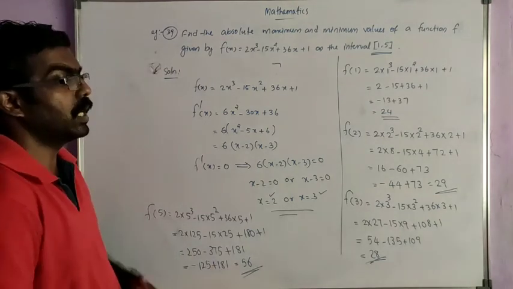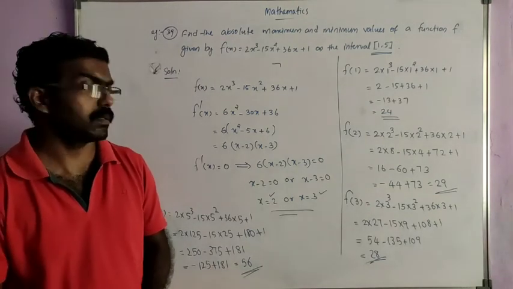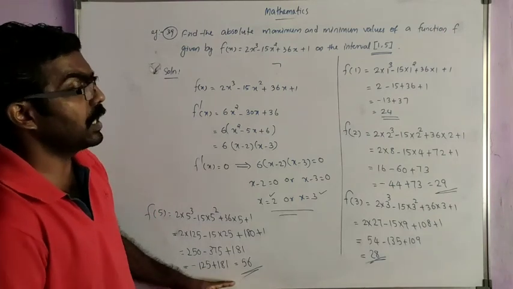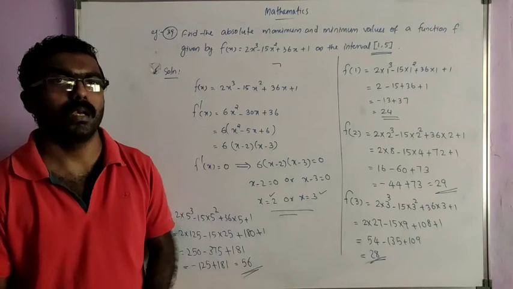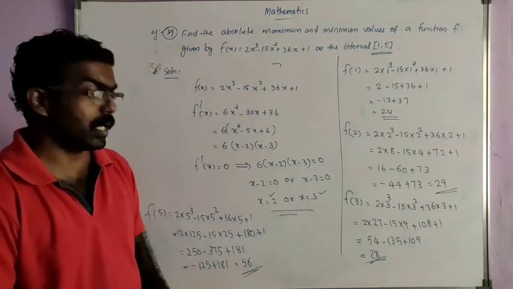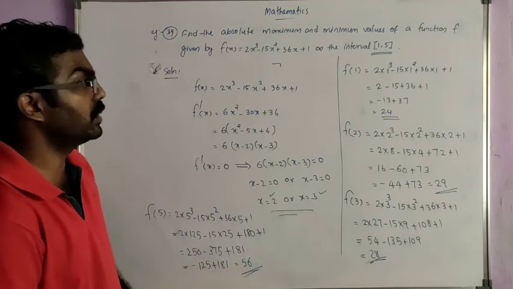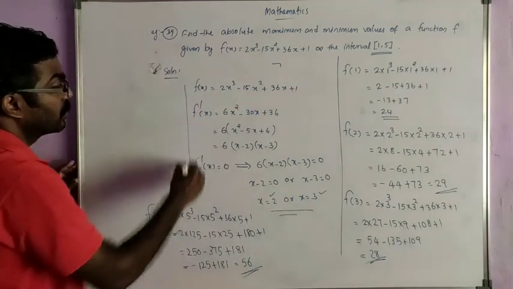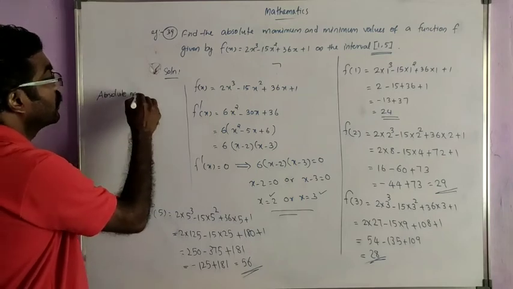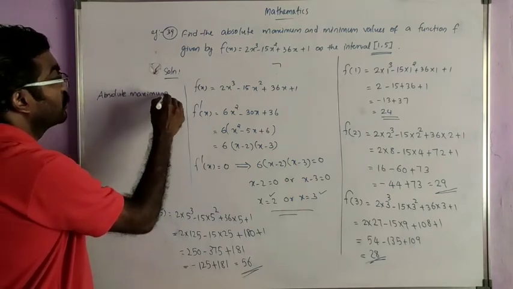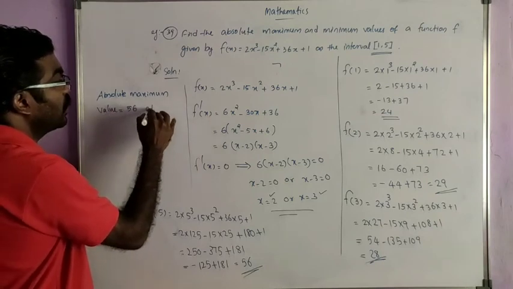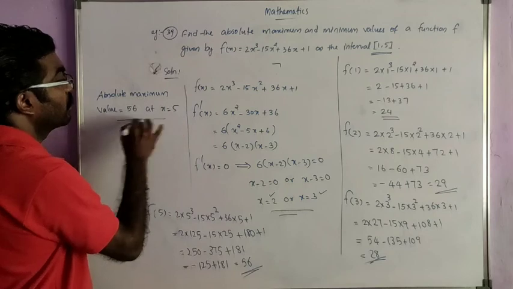Now we have to compare all these values. Here 56 is the largest value. So we can conclude the absolute maximum value is 56 at x equal to 5.